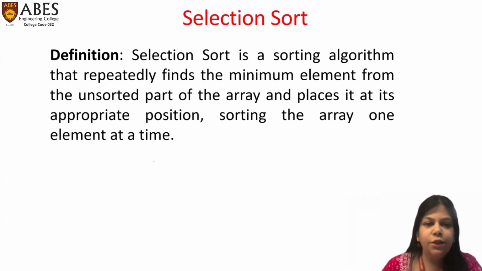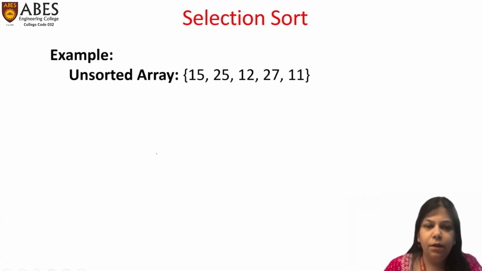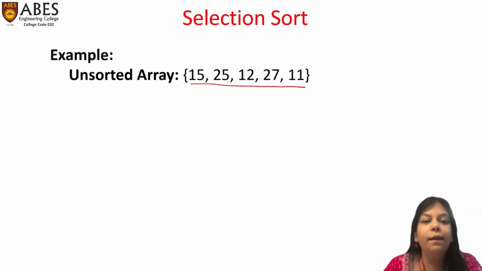So in order to understand how the selection sort works, let us take an example in which we have 5 elements. Suppose these are the 5 elements, 15, 25, 12, 27, and 11. Now, in order to sort these elements, the basic idea is, as the name suggests, selection.